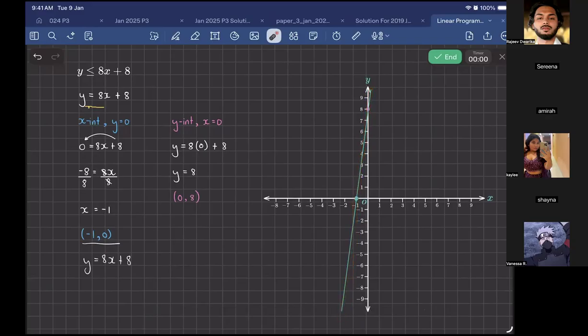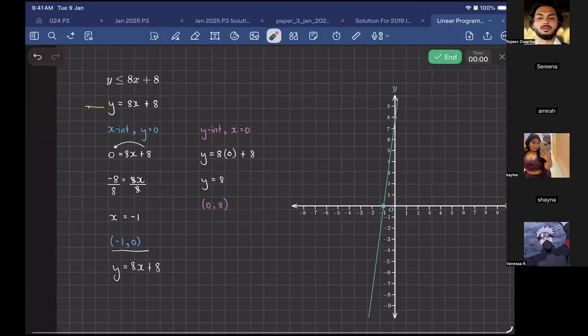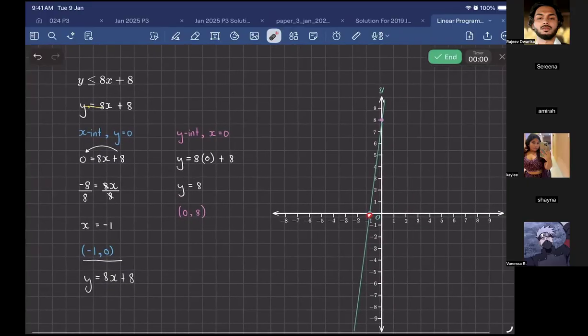Right. -1, 0. Do I have that plotted on the graph already? Yeah, over here, right? Is that point on the line? Yes, it is. We see it now, right? If this is a line, this point actually falls on the line, yeah?